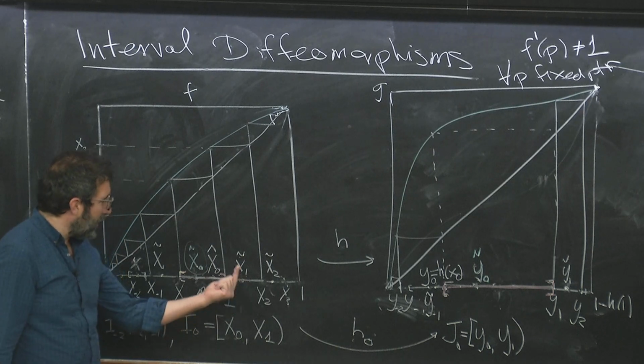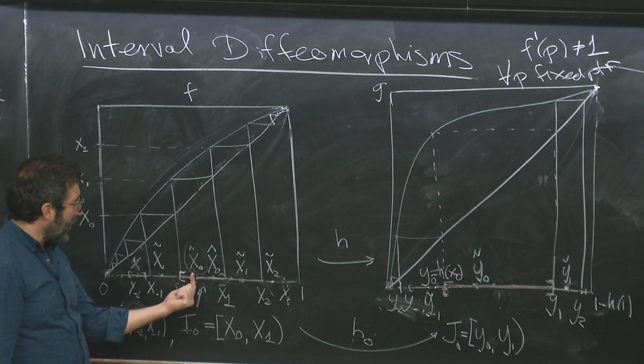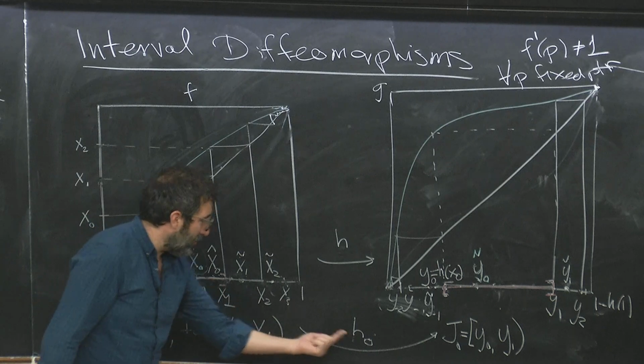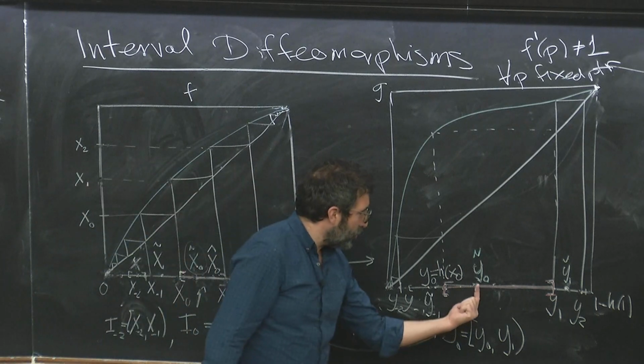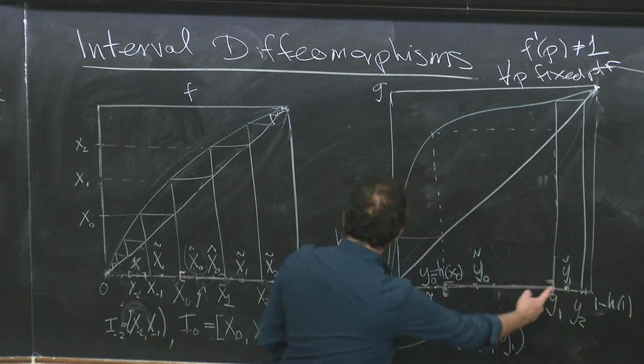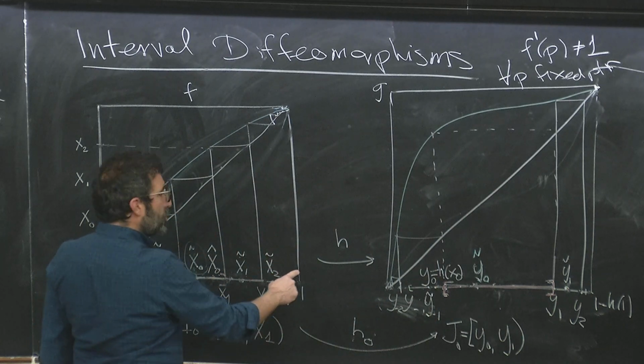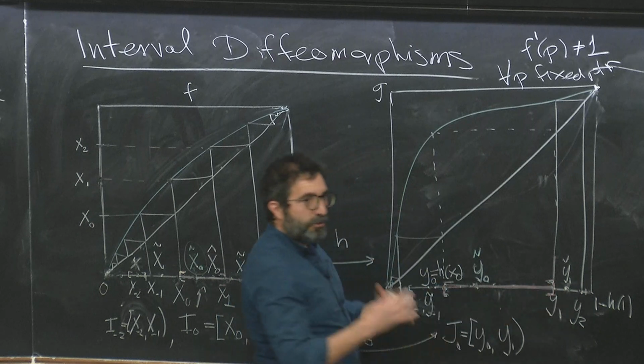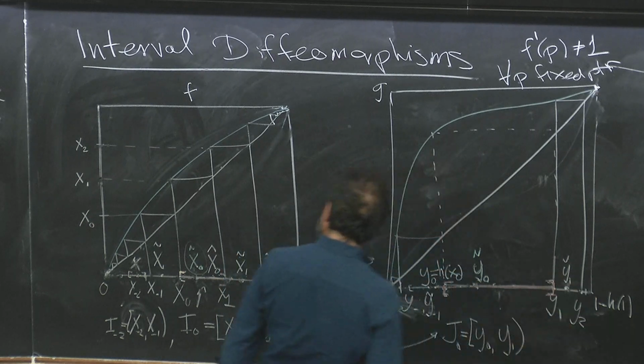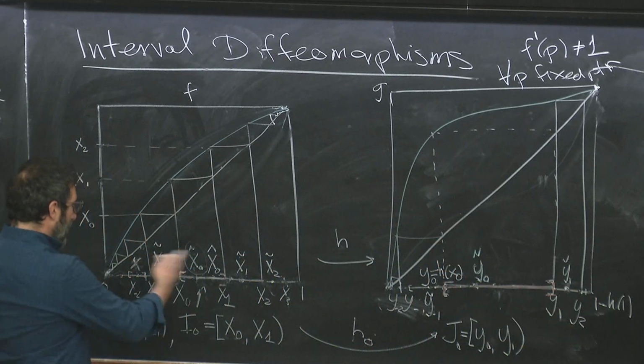So I look at the pre-image of x1 tilde, I look at what point h0 maps it to, and then I take its forward image, and then I map those two. And in the same way, I take x2 tilde and so on, and I know that I don't have a choice. I need to map them to those other points, backwards and forwards.